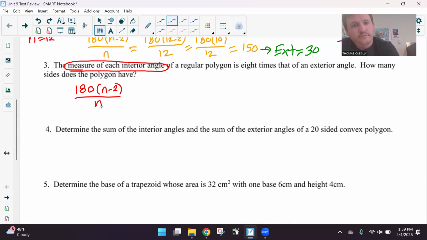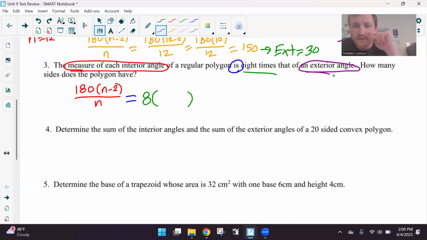Of a regular polygon is. Anytime you see the word is, that's your equal sign. 8 times something. 8 times what? 8 times the exterior angle.